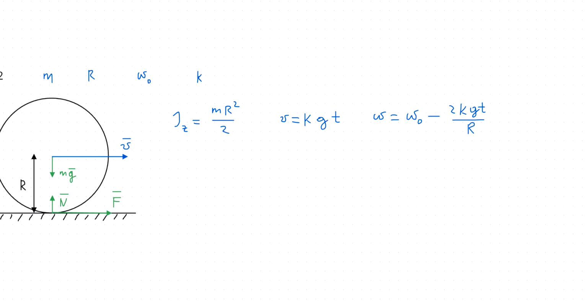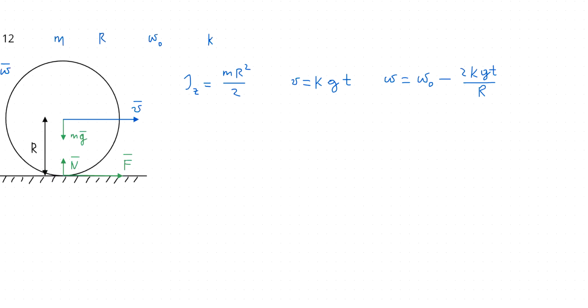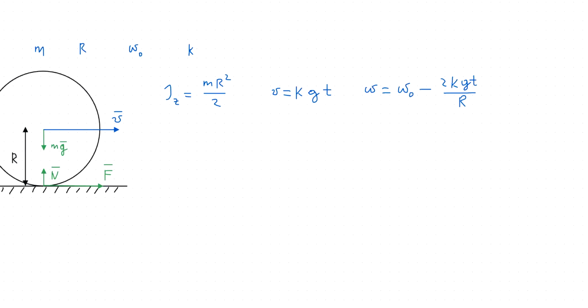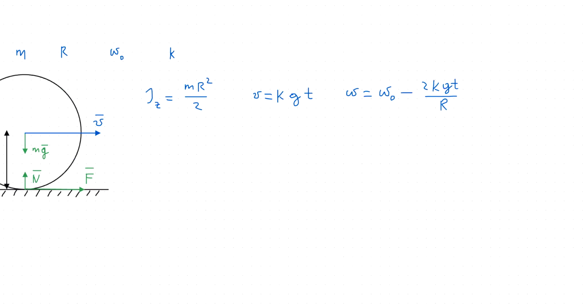No slipping. Rolling, so velocity must be equal to omega r. Yes, this is correct. This is the condition of no slipping.